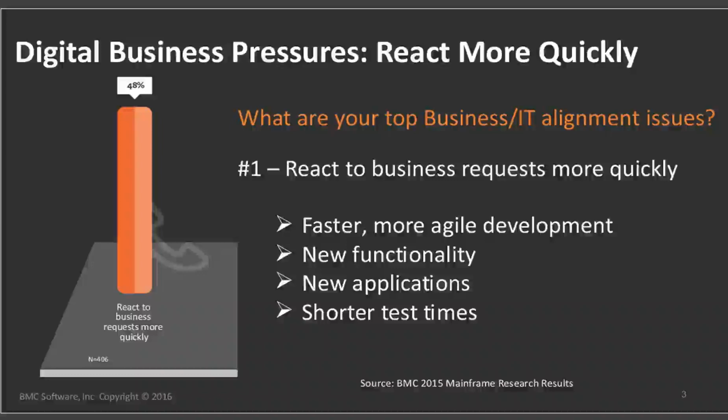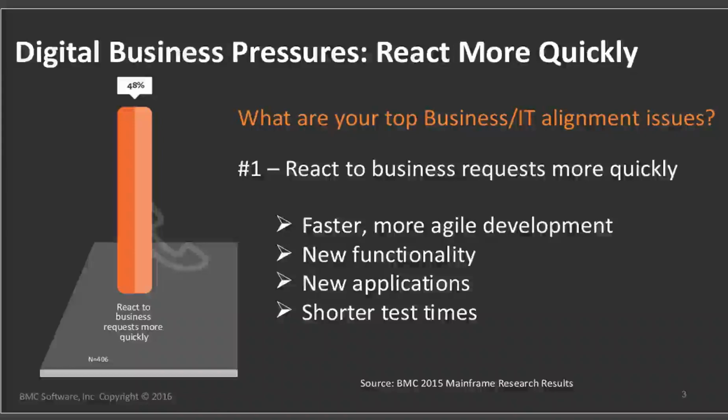So in the survey that was done last year, that some of you may be familiar with, we asked what kind of issues they were dealing with, and in particular, in the question of better alignment of the business with IT, we asked, what are your top issues? And as you can see, nearly half, and by a large margin, the number one concern was how to react to business requests more quickly.